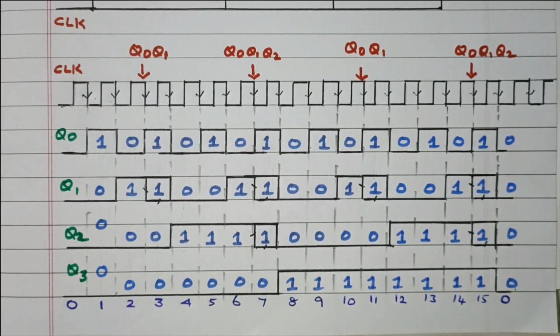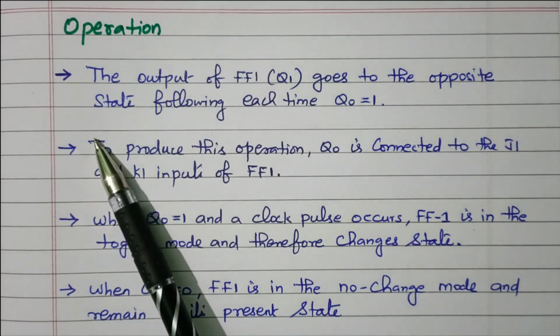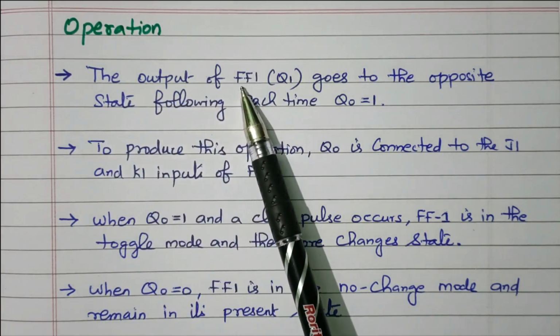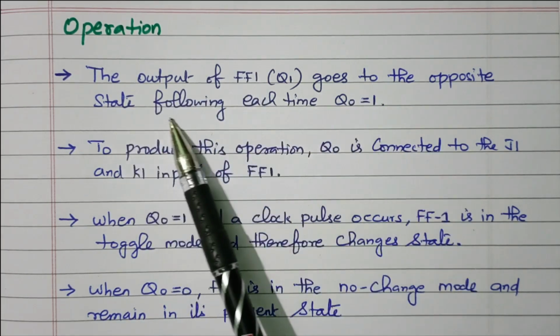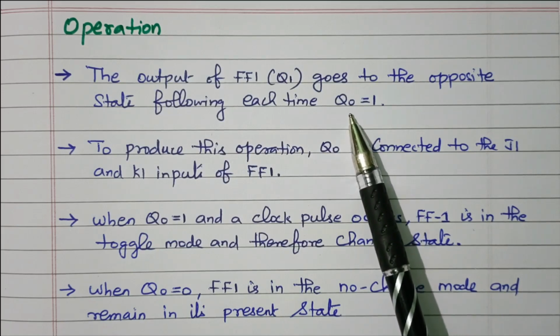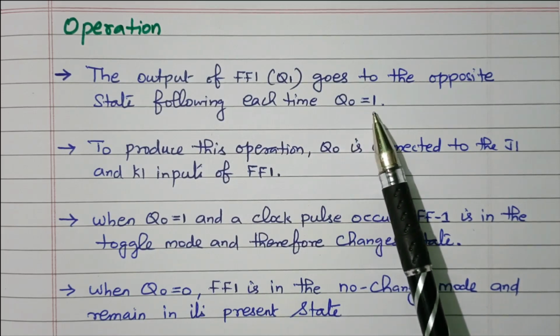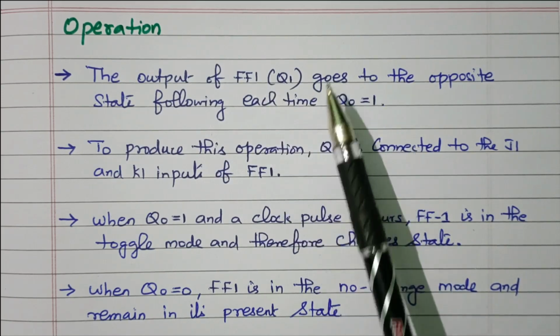Now we'll see the description for this. What we discussed, the details are available. The output of F1, that is the second flip-flop, goes to the opposite state following each time Q0 is 1. Q0 means the first flip-flop. When the first flip-flop output is 1, the second flip-flop will toggle.